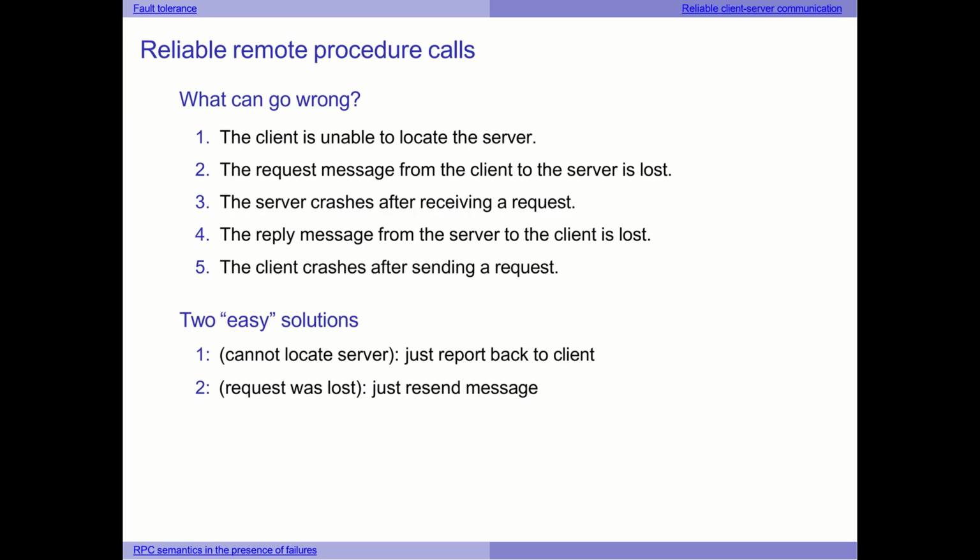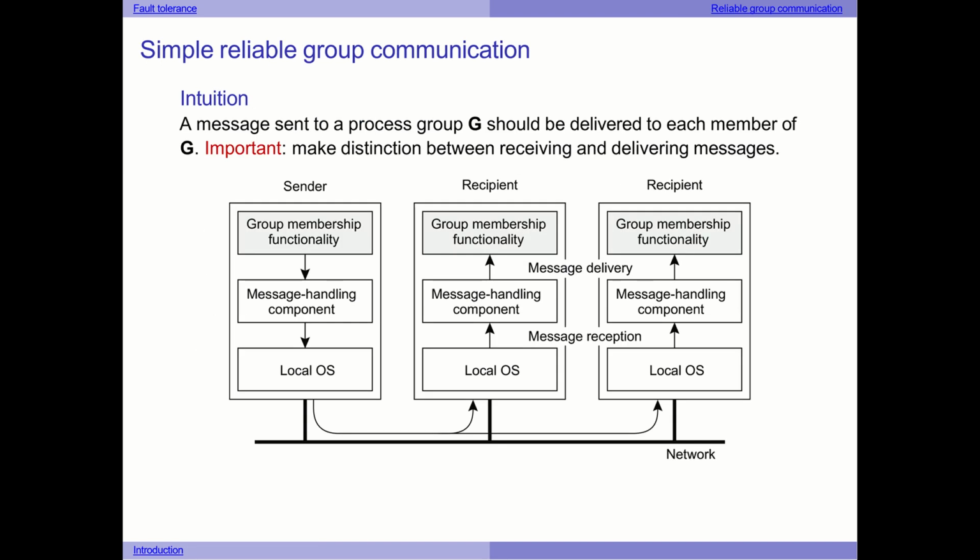For the case where the request message was lost, we can just resend the message. The OS or client can start a timer when sending a request, and if the timer expires before a reply or acknowledgement comes back, the message is sent again. This is one easy fix for the situation.